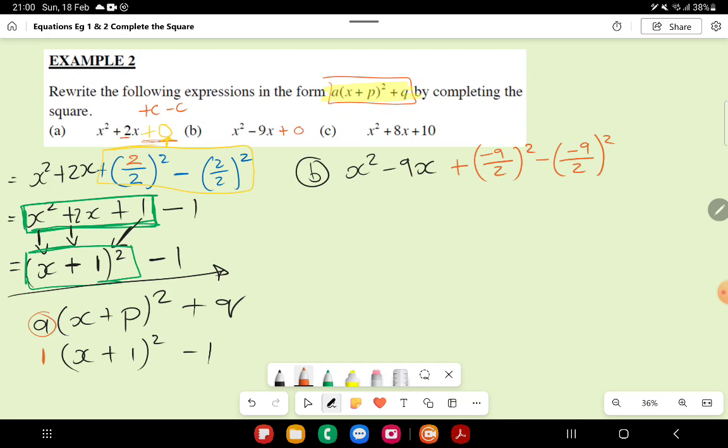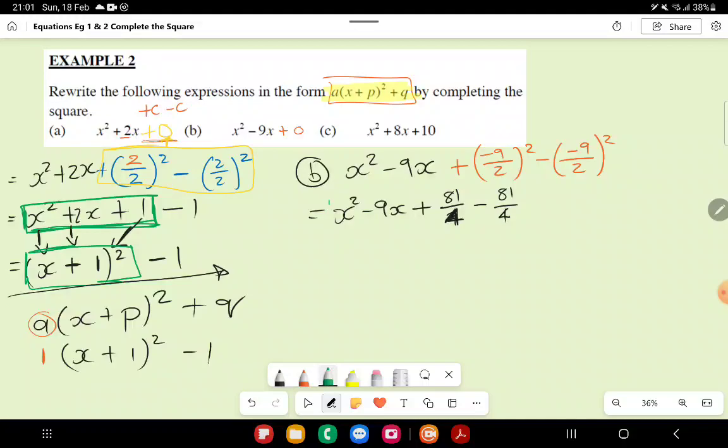So we're adding numbers, but it's actually not changing the value. Okay, so this means I have x squared minus 9x. Negative squared is positive. 9 squared is 81 over, sorry, not over 2, over 4. 2 squared is 4, over 4.